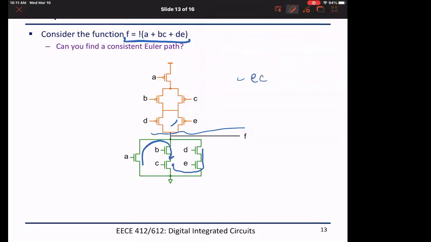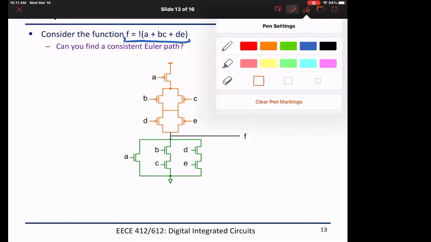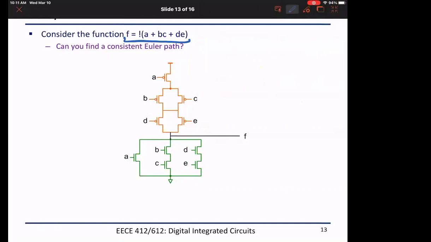If I start with the lower part and I try to make a path, which is A, B, C, then take this path D, E. So this would give me A, B, C, D, E.